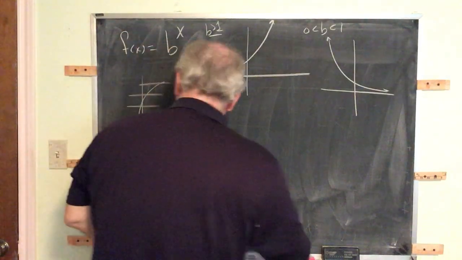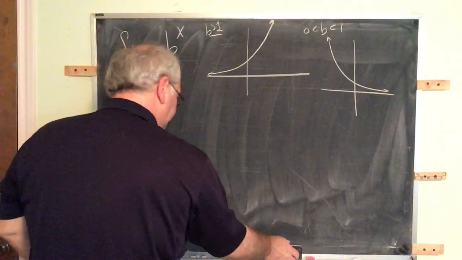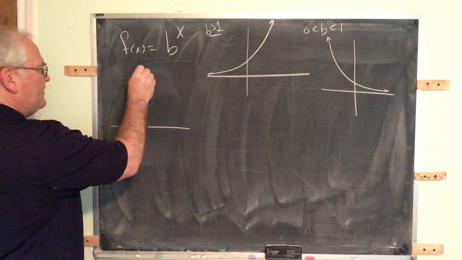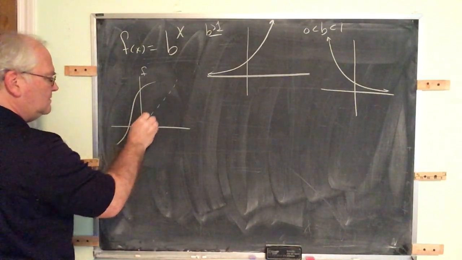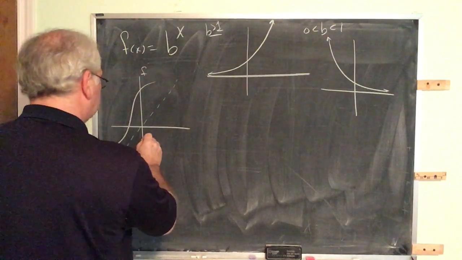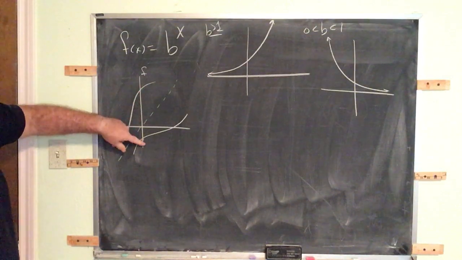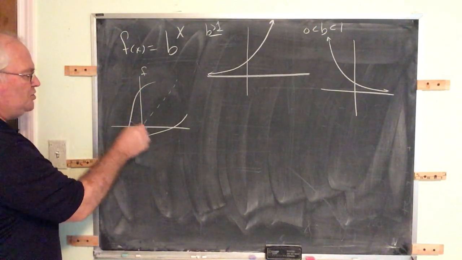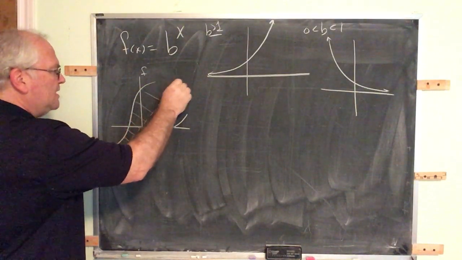All right? Now, another piece of the puzzle is that if this is the graph of f, then we know that the graph of the inverse, this is badly drawn, but it is the mirror image, the reflection of itself across this line y equals x.